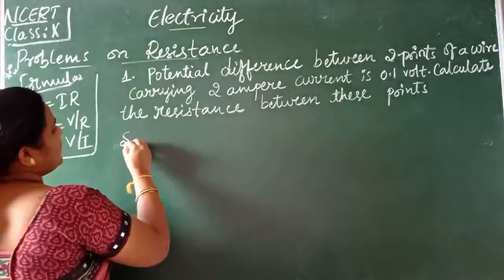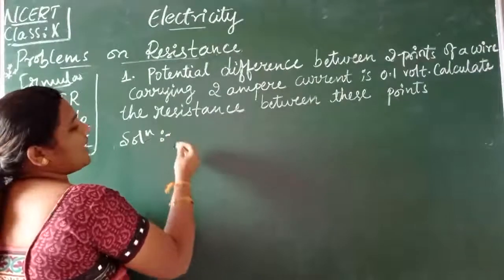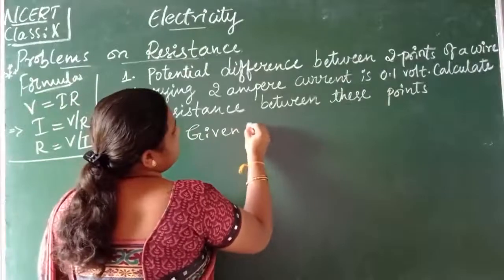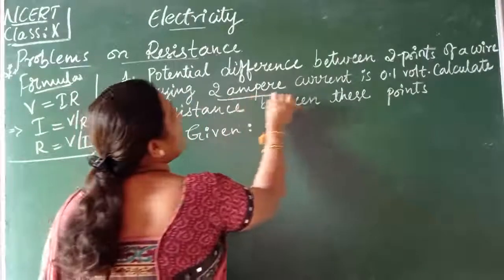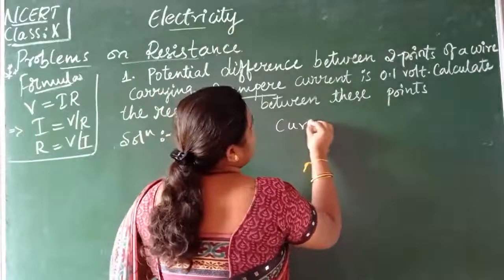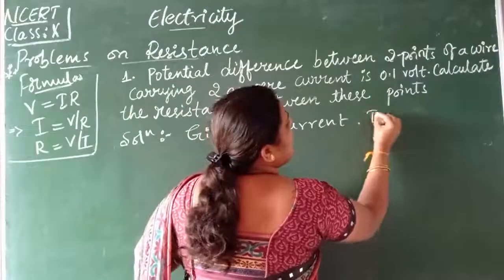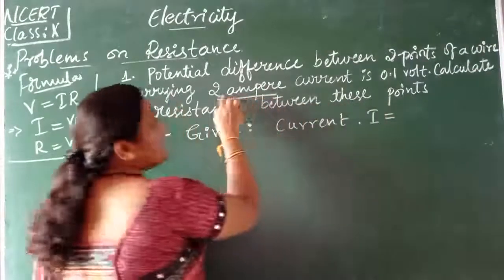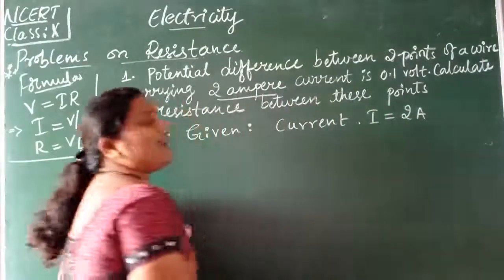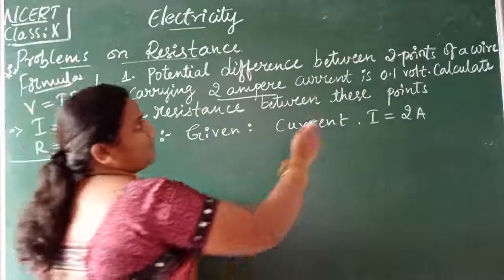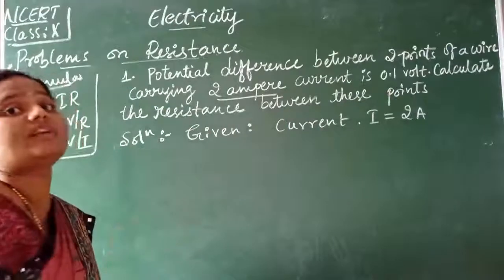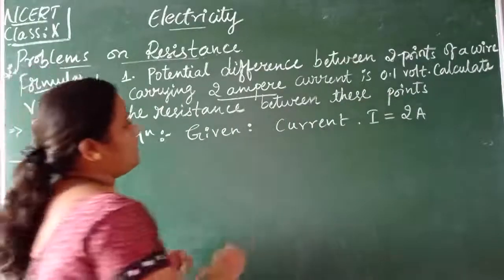Before going to that, let us write the given data, children. What they have given is 2 amperes, a current value. Current is represented by I, which is equal to 2 amperes, so let us write 2 A. The potential difference between those 2 points is 0.1 volt.